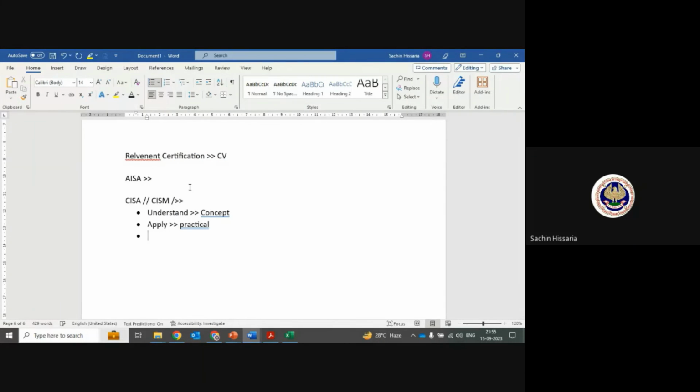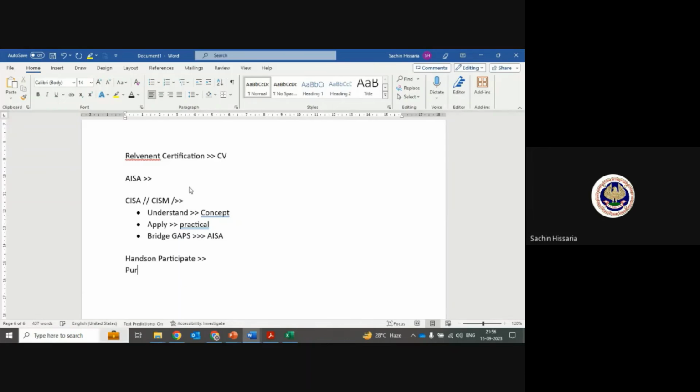Now, to bridge this gap to some extent, there is one certification called AISA. In AISA, we provide hands-on training to the participants: this is what you need to do when you go for an audit.